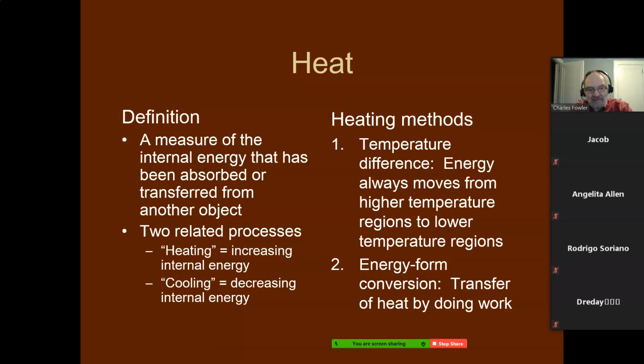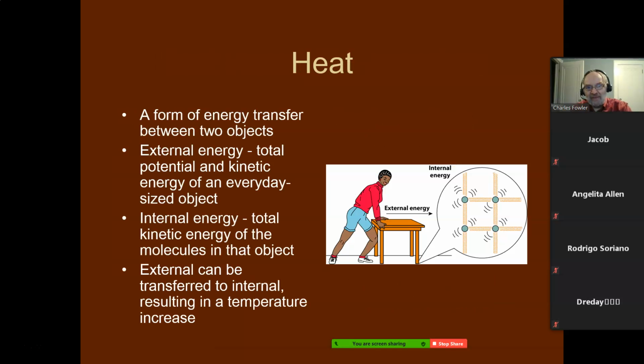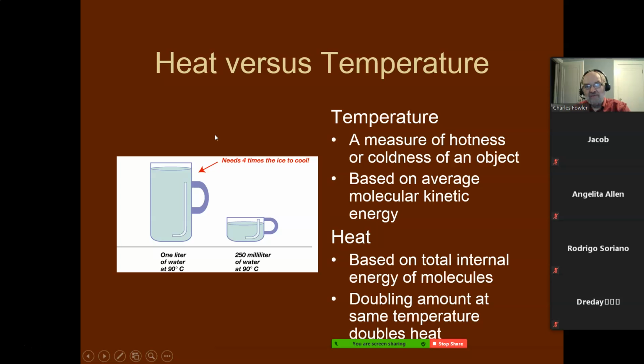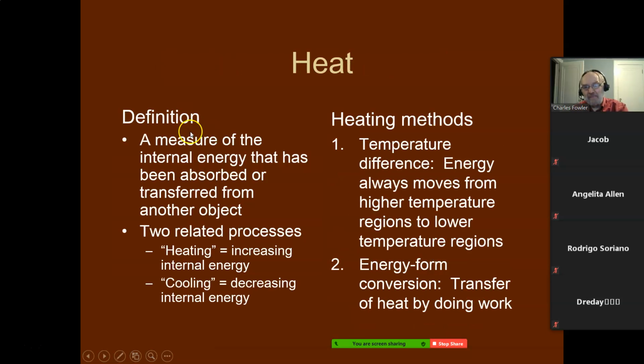So that goes back to the same definition we had back here, that heat is a form of energy transferred between two objects. Okay, so here's another way of expressing that: a measure of the internal energy that has been either absorbed or transferred from another object. Now, two related processes here.